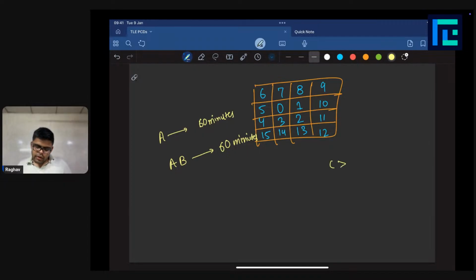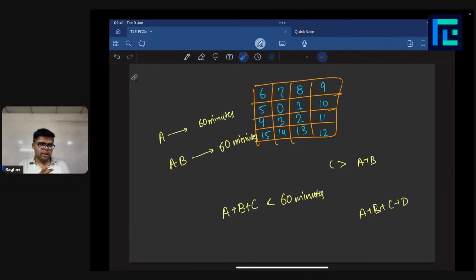So if you cannot solve A and B within 60 minutes of the contest, then there is a very less chance of you being able to solve A plus B plus C within 120 minutes of the contest, right? Similarly, if you can do A plus B plus C within 60 minutes in general, then there is a chance that you can do A plus B plus C plus D within 120 minutes.